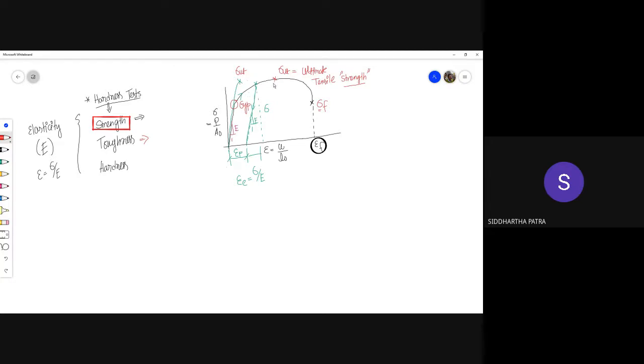As it turns out, possibly the ductile material would be more suitable in many applications, and the reason behind that is this quantity right here, toughness. So toughness talks about not the maximum load bearing capacity, but the maximum amount of energy that the material can absorb without having a fracture.